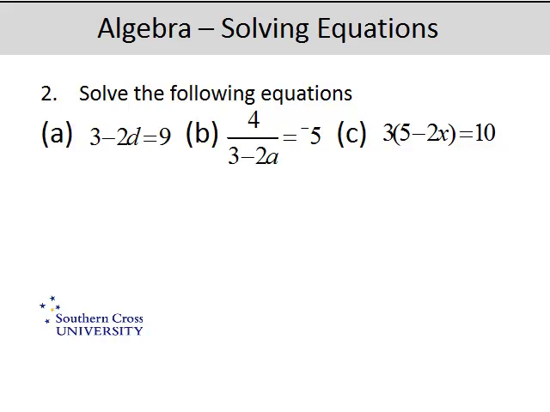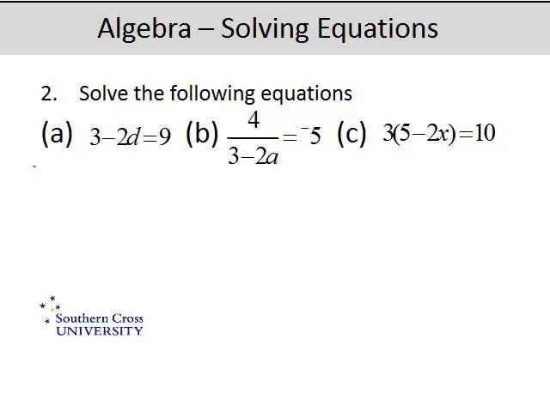Now this one is a little bit trickier because we've got a negative coefficient in front of the d. There's a couple of ways to deal with that. I'm going to show you one way, but I'll probably show you a second as well. If you look at what's happened here, d has been times by minus 2, and then 3 was added.